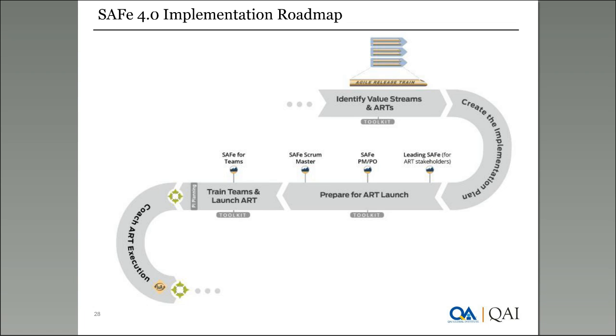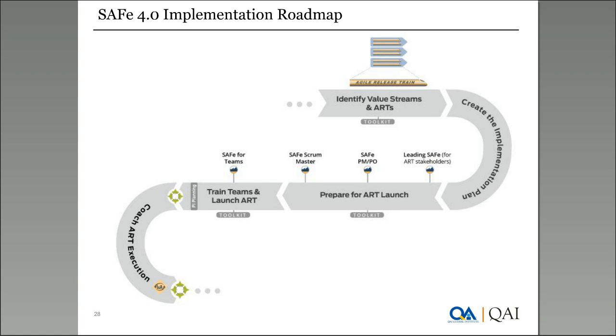If you want to train executives, managers and leaders, there is a training called Leading SAFe, or the SAFe Agilist certification. Once the team starts launching the agile release train and is involved in day-to-day program execution using the framework, they need to be trained as SAFe for Teams. So these are the different certifications and trainings that are available.